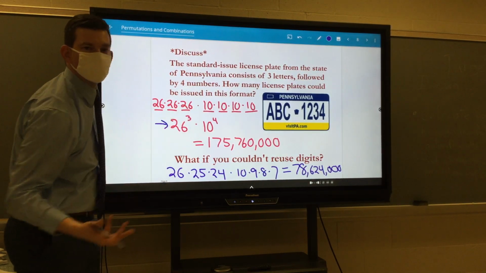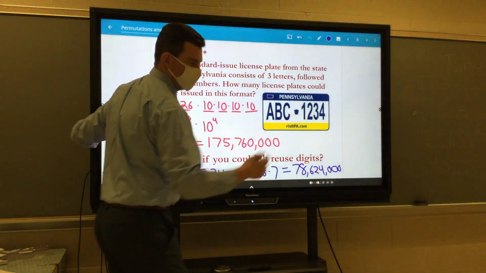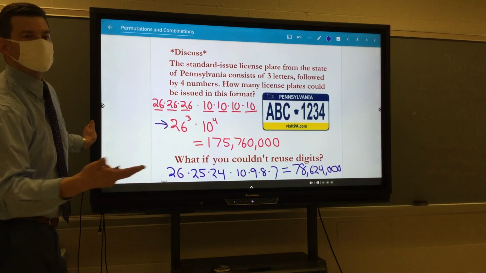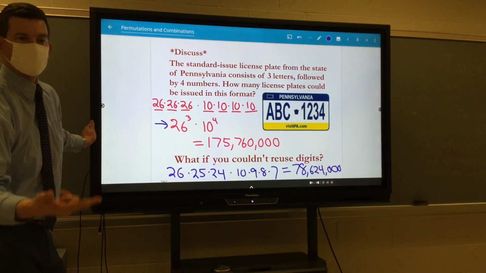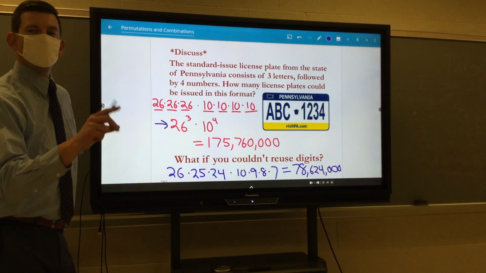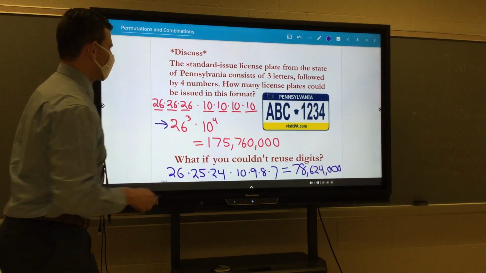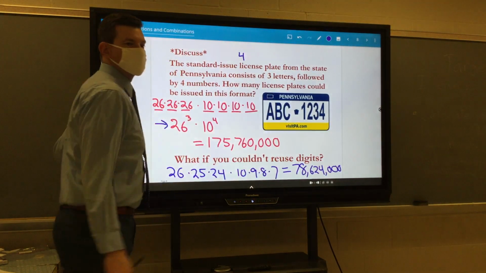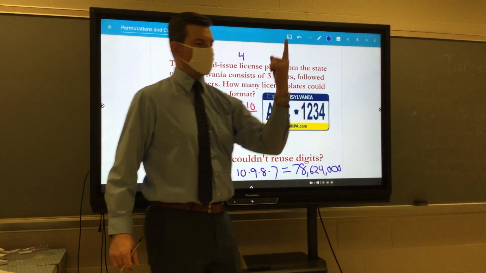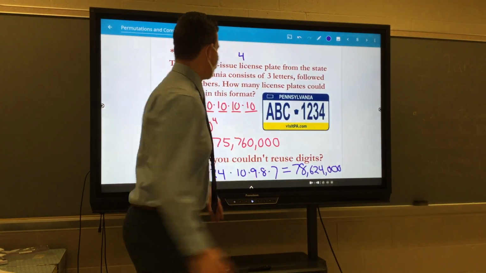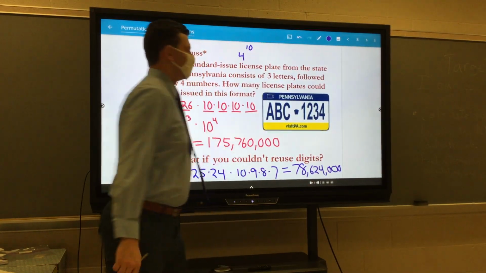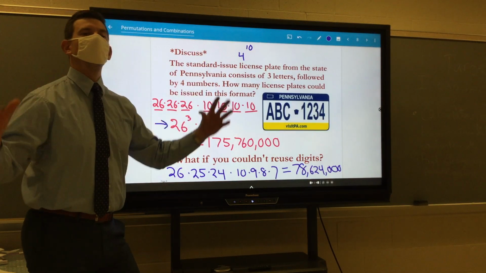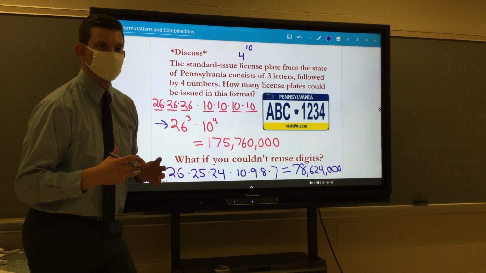Okay? We could do the same kind of thing if we're looking at coin flips, if we're looking at a multiple choice test. Okay, what's the probability of guessing? If we have a 10-question multiple choice test where we have A, B, C, D as our options, and 4 options on each one, 4 options for the first problem, second problem, third problem, all the way up through all 10 problems, 4 to the 10th power, that's the number of possible tests that we have.